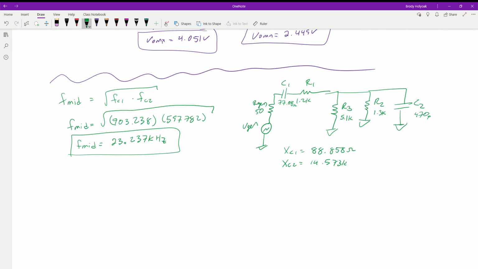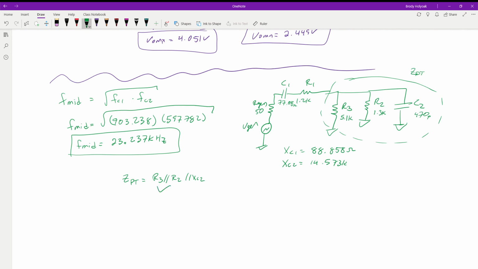Now this right here is going to be our parallel total, which reduces down to one single value. Our Z parallel total is equal to R3 parallel with R2 parallel with our X of C2. I'm just going to combine these resistors together because they're quick and easy.